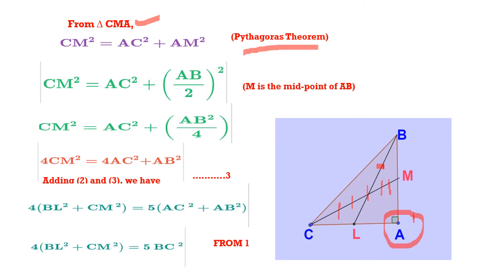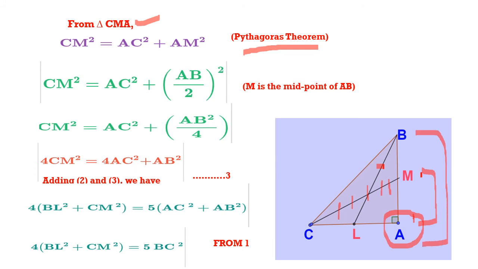Just as we applied in the first case, the same steps will be repeated. In the next step again a modification will be done. You will now know properly where the modification will be applied. Yes, it will be applied on the side AB. As you know, M is the median, so AM will be half of AB.